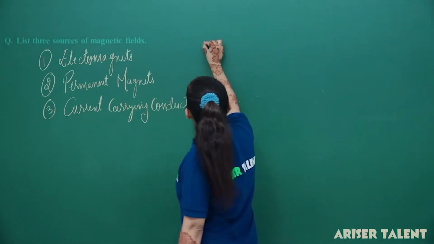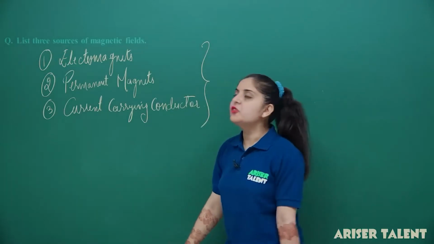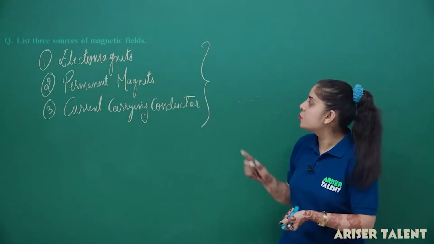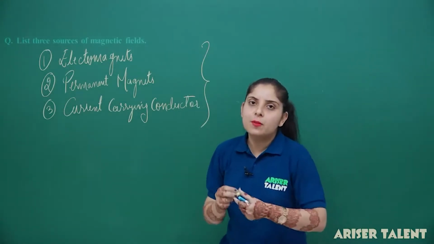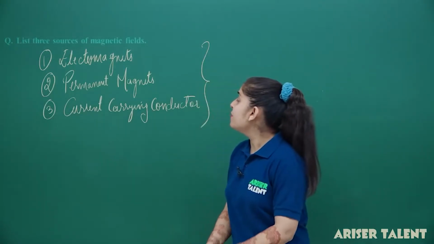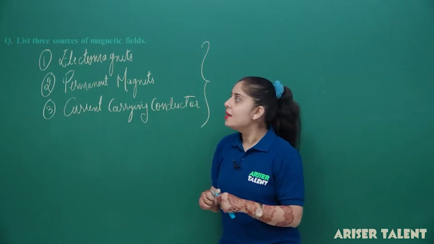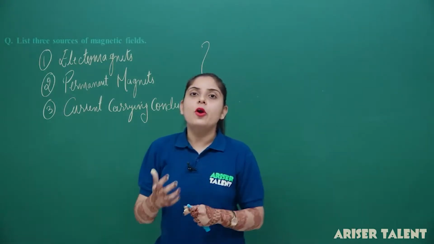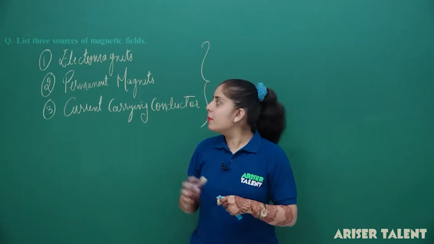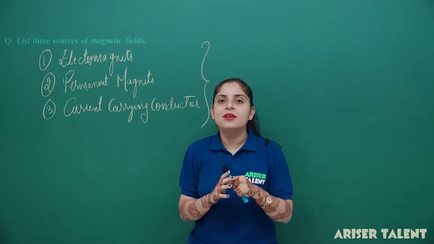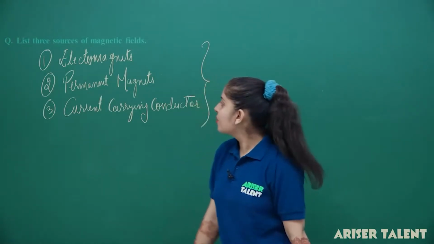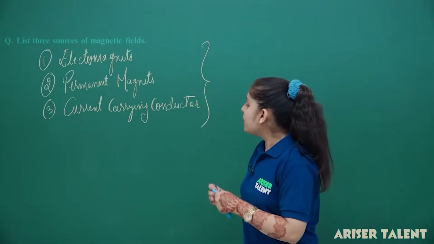So, these are the 3 sources from which we can develop magnetic field lines. These are the basic sources for the magnetic field lines. These are very simple questions from your NCERT, but these questions are not going to come in your competitive exam because they are only up to the level that CBSE has decided. Now, let's see what the next question is saying.